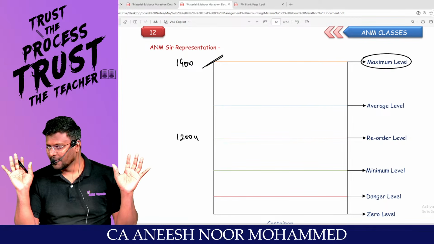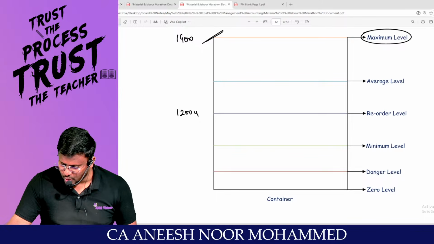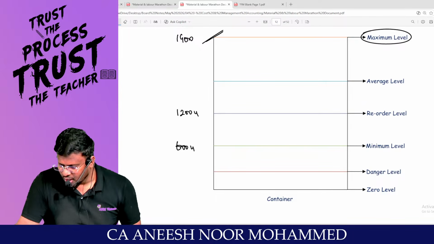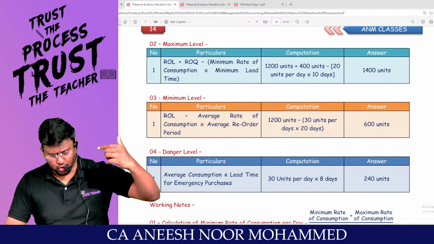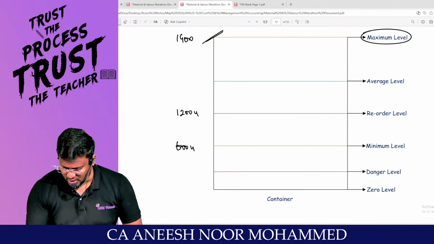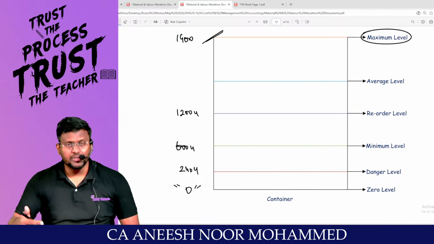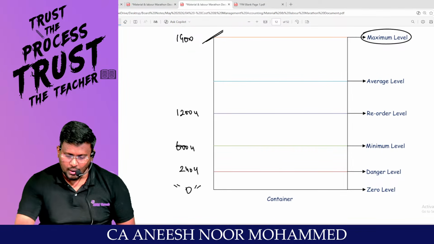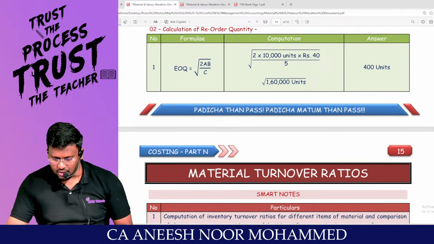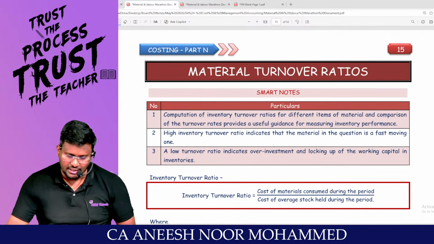Super fantastic. Then, my dear lovable students, minimum level 600 units. Look, 600 units is lower than the reorder level. Yes. And danger level should be even less than minimum level. That's why 240 units, my dear lovable students. And 0 should always be 0. This you can plot and you can check in the examination itself whether what you are doing is correct or not. That's it with regard to the stock level discussions. We are done with that concept also.